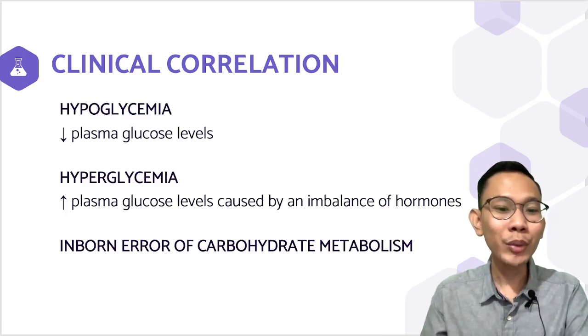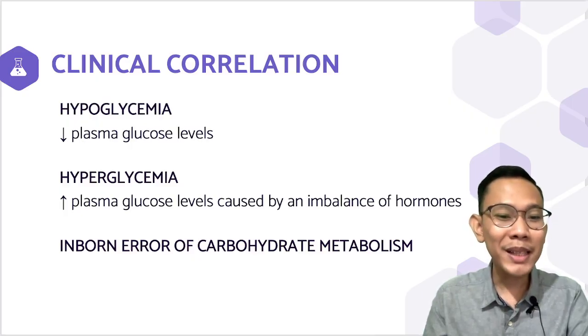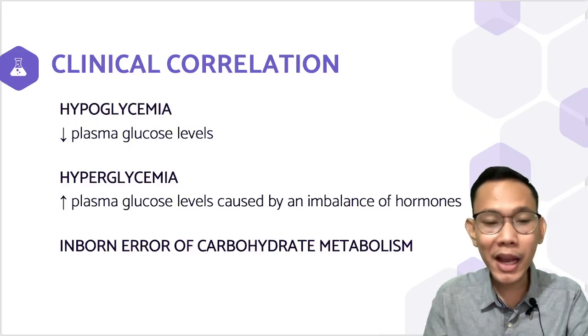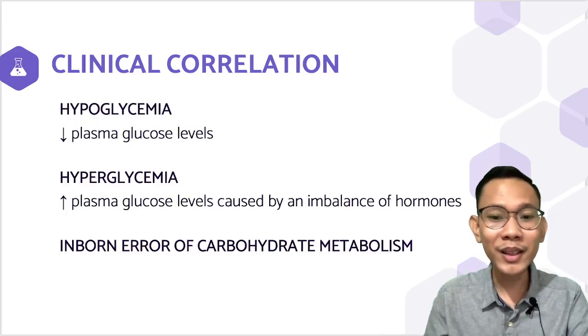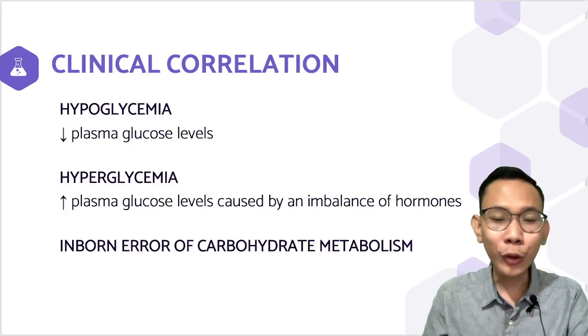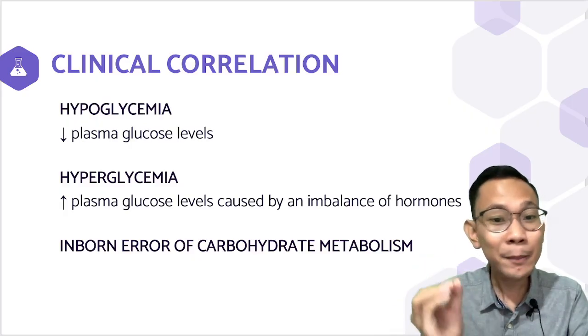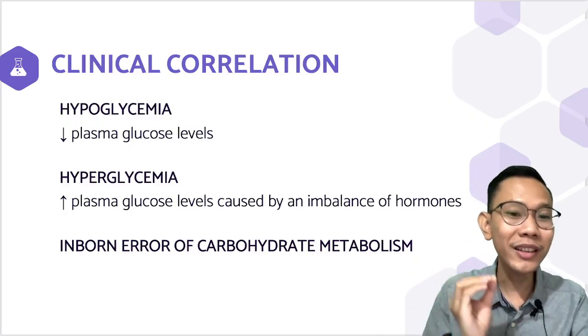So again, when we say hypoglycemia, there is a decreased plasma glucose level. When we say hyperglycemia, that refers to increased plasma glucose levels caused by an imbalance of hormones. Of course, not all hyperglycemia, and I mean hyperglycemia is not the disease per se, but rather it could be a manifestation of a certain disorder.